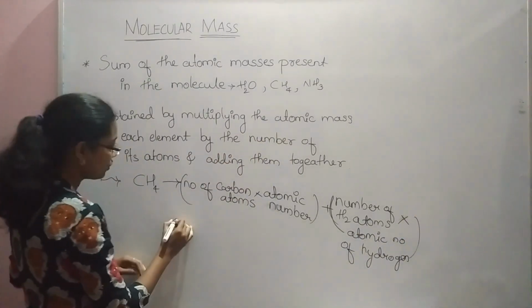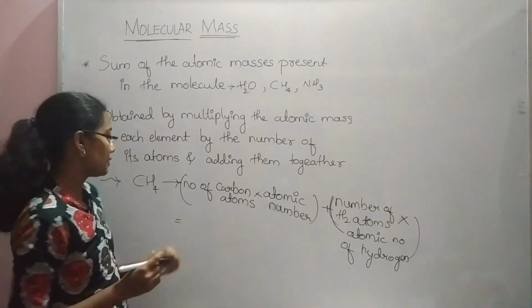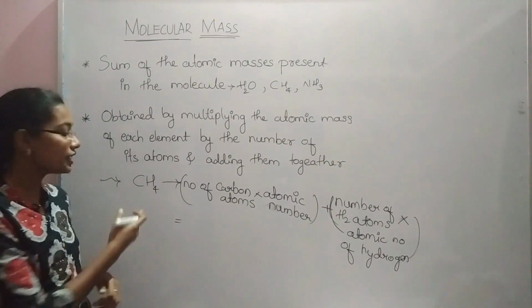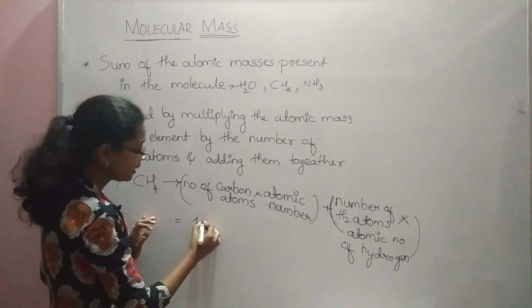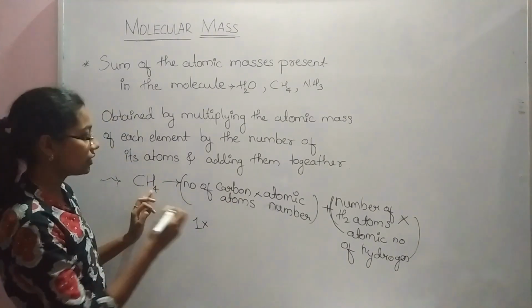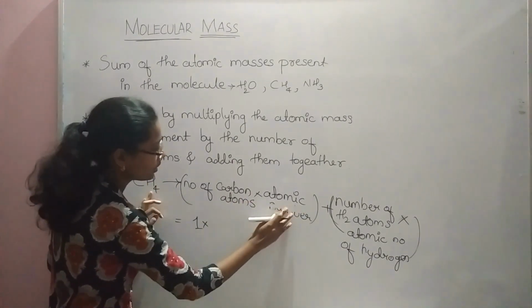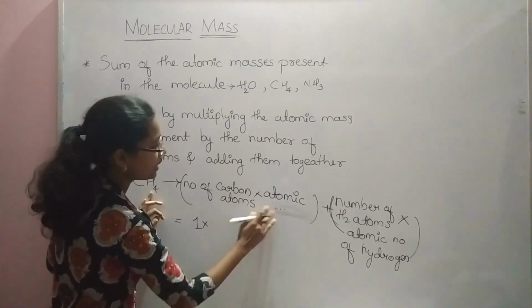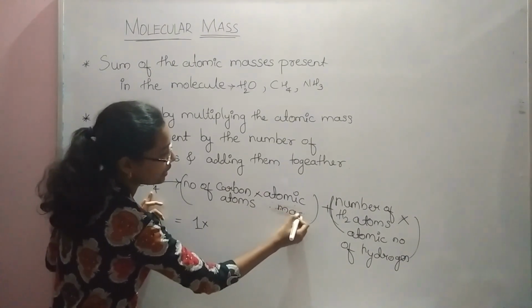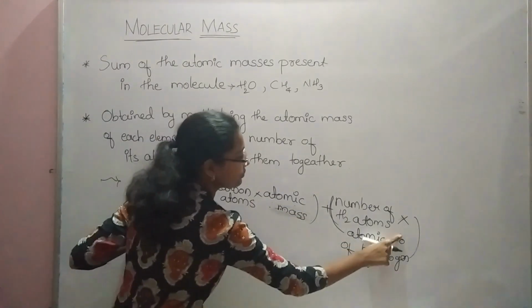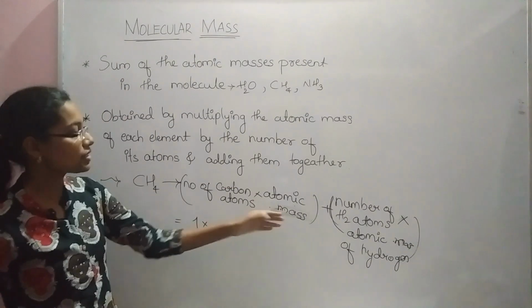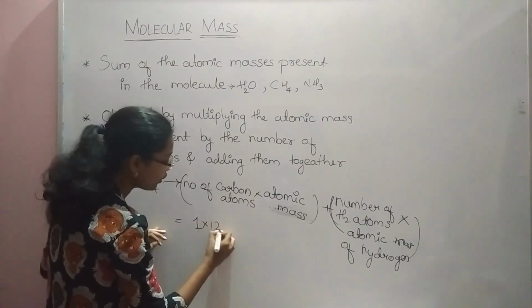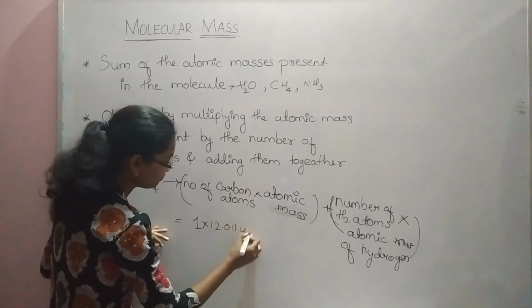Now, number of carbon atoms. How many carbon atoms are there in one CH4 molecule? That is 1. 1 carbon into atomic mass. What is the atomic mass of carbon? That is 12.011.